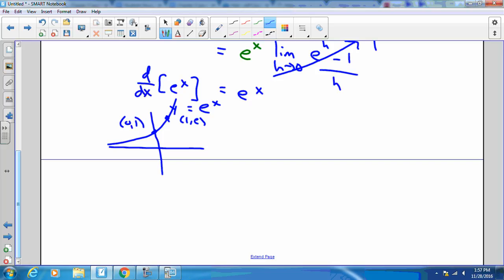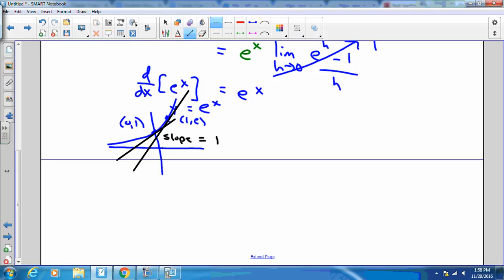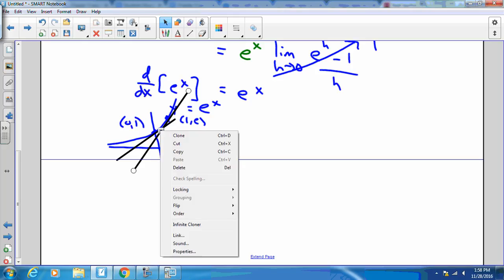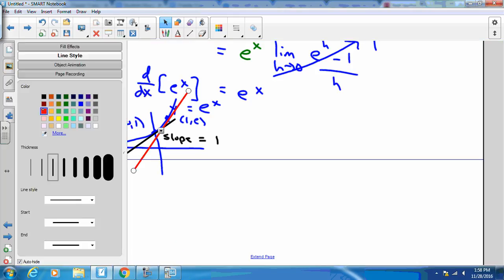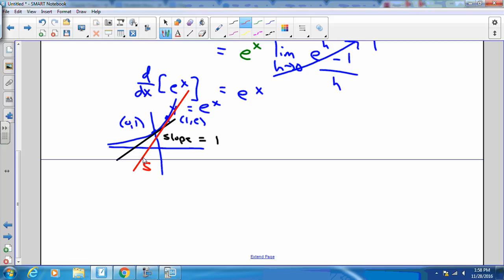And so what we're saying is that at every point on this graph, the slope is equal to the y value. So at this point 0, 1, the slope of the tangent line is 1. At this point, 1, e, the slope of the tangent line is equal to e. Just like so.